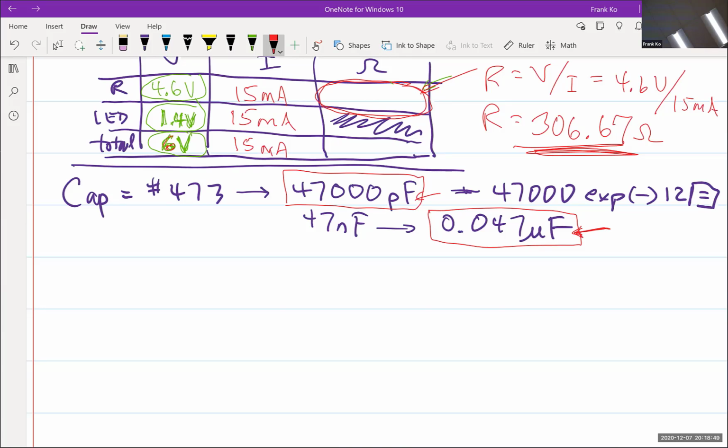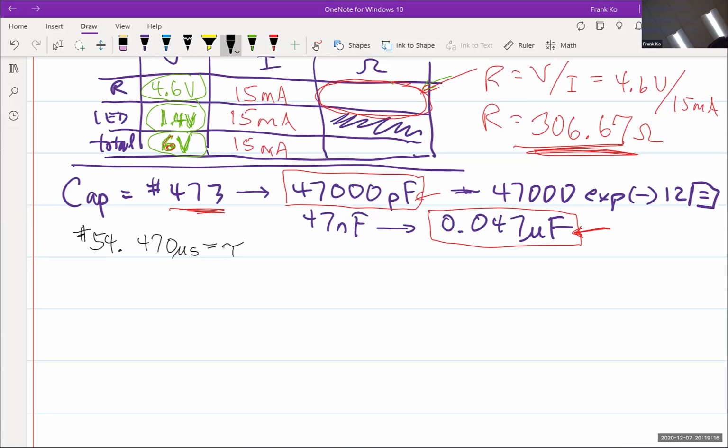recalculate one time constant, still using the 10K ohm resistor. Well, this is a domino effect, because if you don't have a proper interpretation of 473, then you're going to have some problems with the next question, number 54. So number 54, if you do this correctly, should work out to be 470 microseconds, which is equal to tau.